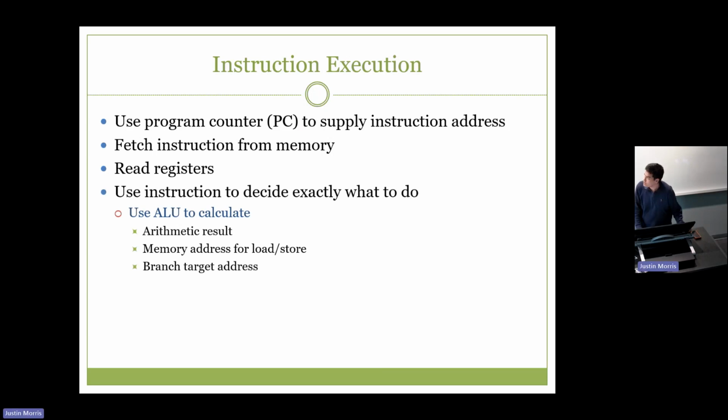And we also need to decode the instruction to decide what exactly we are supposed to do with these registers, right? Is it going to be some arithmetic result? Do we need to go to memory by calculating the address plus the offset? Or are we trying to branch by changing PC?